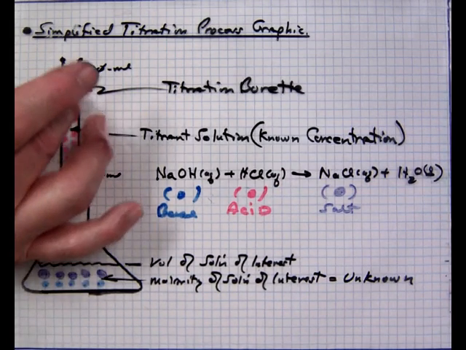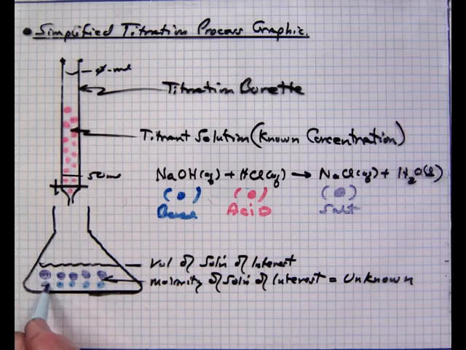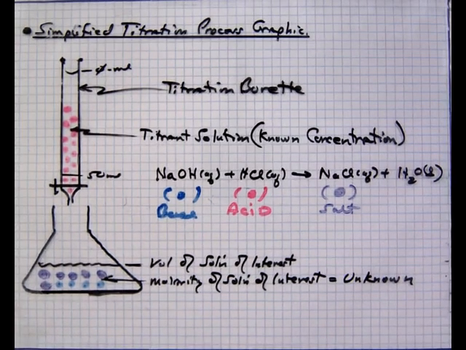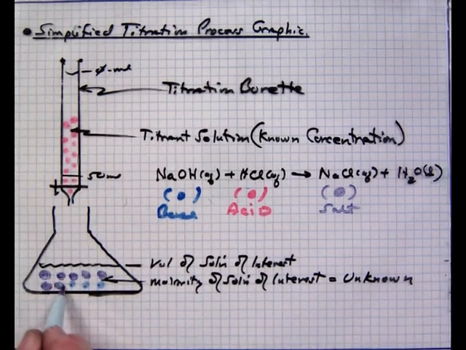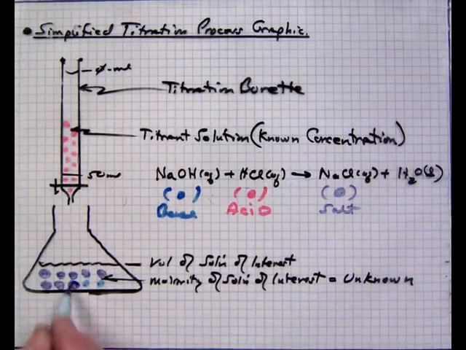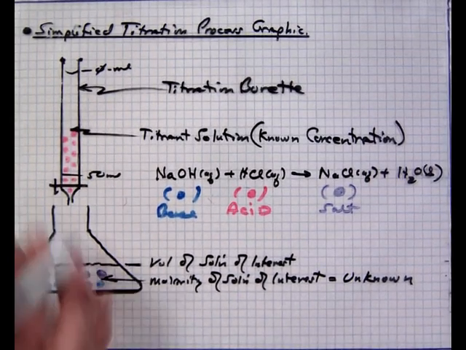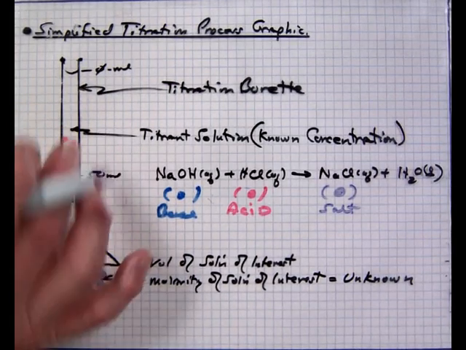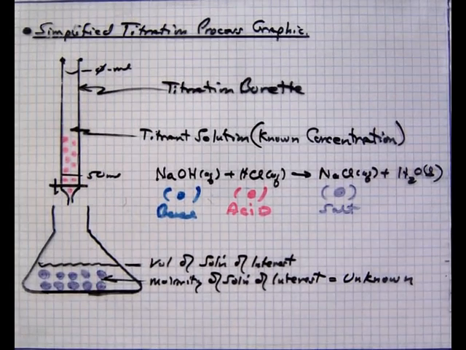So we add a little bit more acid and we continue, and a little more acid, and then we add a little more, and at one point in the titration we will have reached the equivalence point.